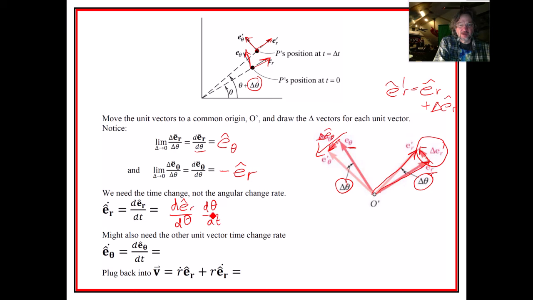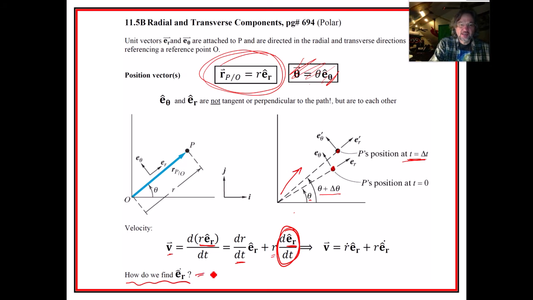These cancel out, and we get the thing that we want. We had to multiply by theta dot, which is that d theta dt, and we already know that de_r d theta turns into e_theta. So the answer is theta dot e_theta. That's the proof of it.